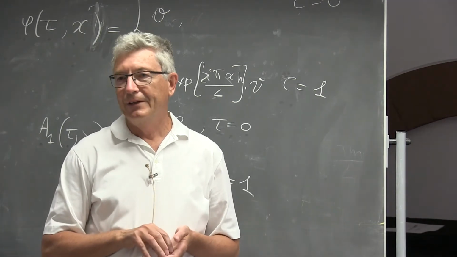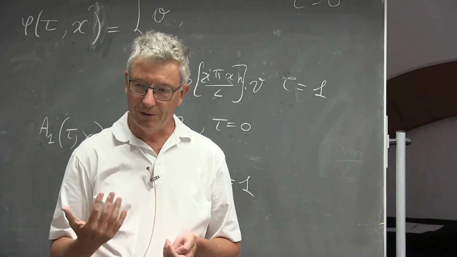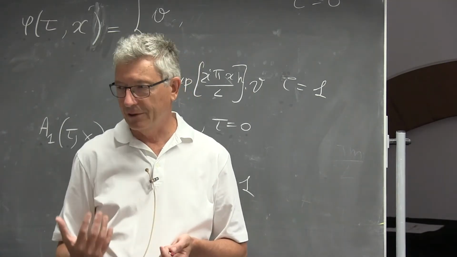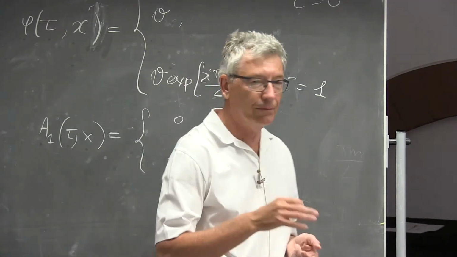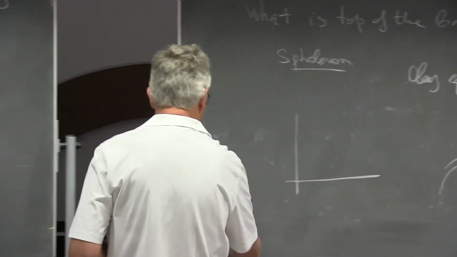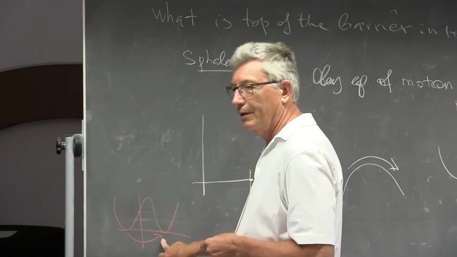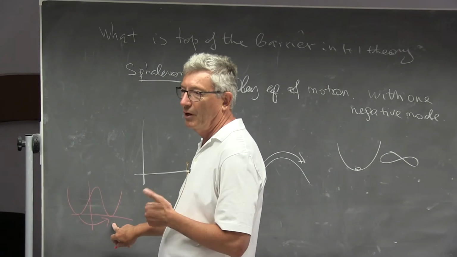Okay. So instantons are solutions which are associated with another physical phenomenon, which is tunneling. For instance, if you have a double well potential, then there are transitions from one well to another, and this again can be described by an instanton.